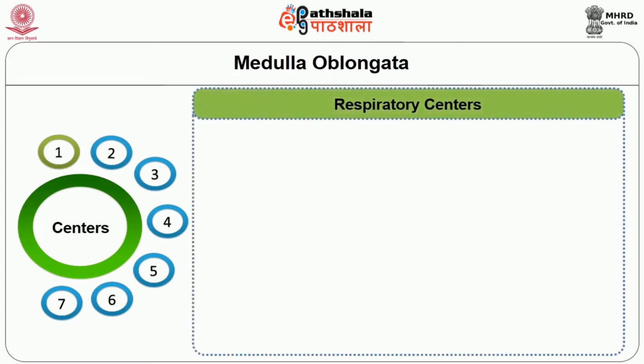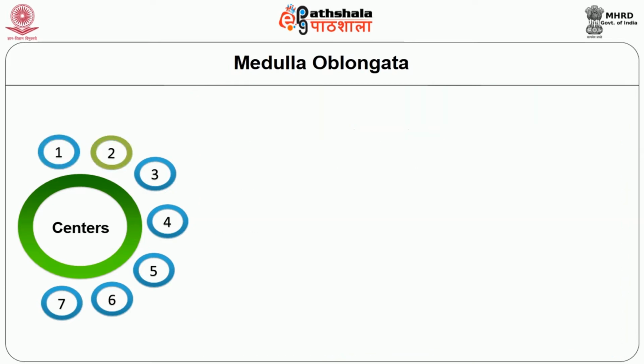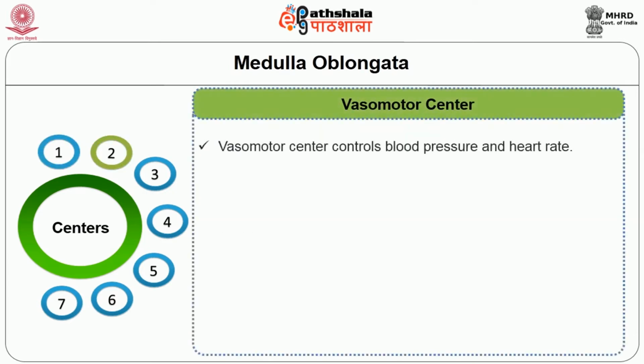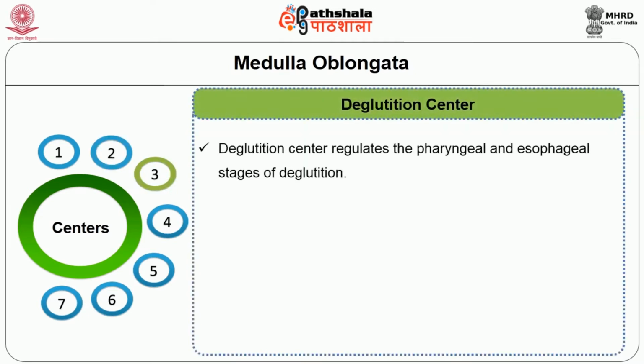The first one is the respiratory center. The dorsal and ventral group of neurons form the medullary respiratory center which maintains normal rhythmic respiration. The vasomotor center is the next one, which controls the blood pressure and heart rate. Deglutition center regulates the pharyngeal and esophageal stages of deglutition.